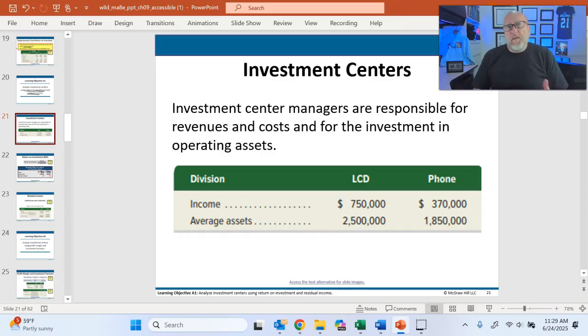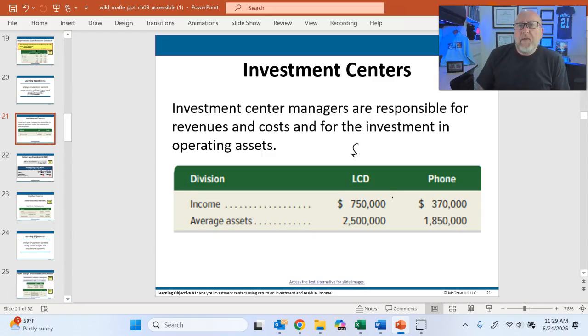So new beds, new pillows, new mattresses, and that's going to increase the quality of the experience of guests, and it could lead to higher revenue, higher profits, et cetera. But we're essentially using assets in addition to the day-to-day providing our service.